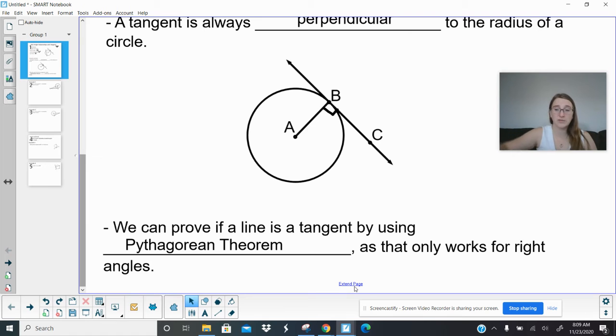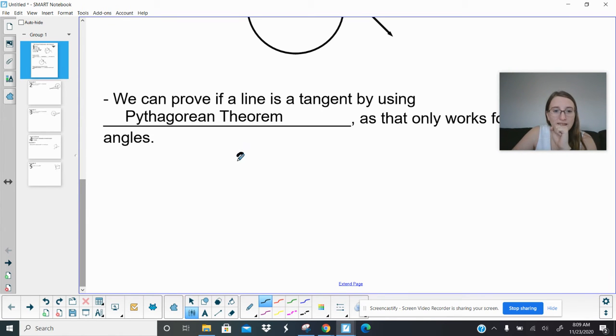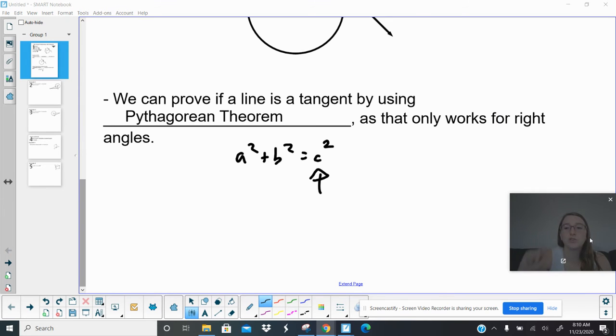Now, the one thing I need you guys to be careful about when you do these questions is, again, with a squared, b squared, c squared, remember that c has to be the largest side, if you want to make a note here.